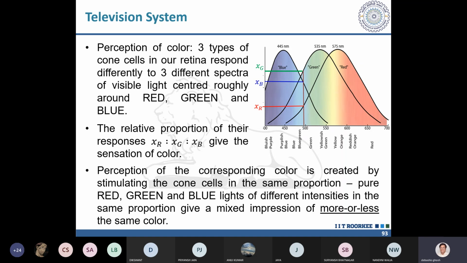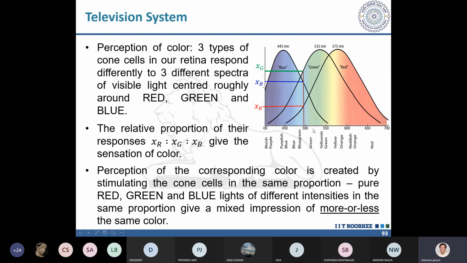How the sensation is created: we have in our retina 3 different types of cone cells, and these cone cells respond differently. One type of cone cell responds more to the red color, one type responds more to the green color, and one type responds more to the blue color.